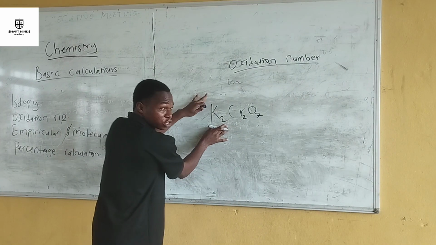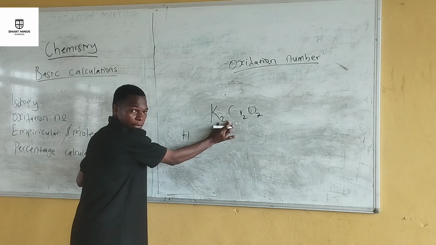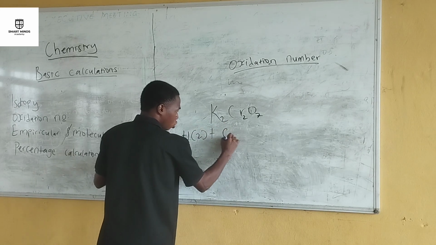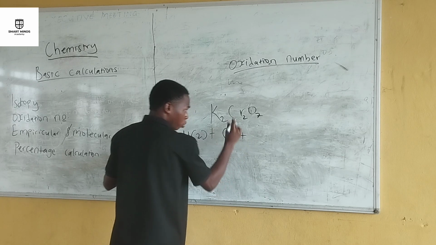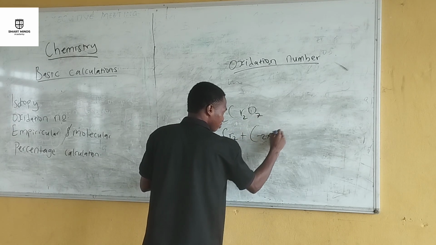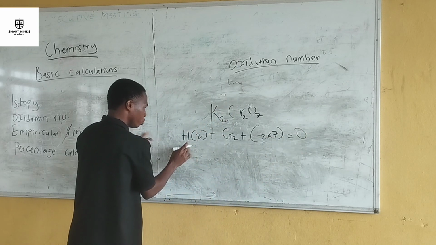Have potassium to be +1, these two here, plus chromium, plus oxygen is -2 times this 7 here, all equals to 0.